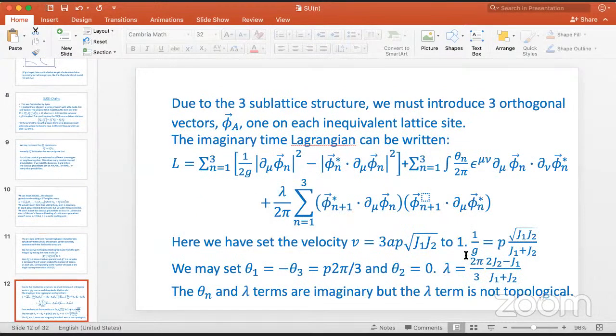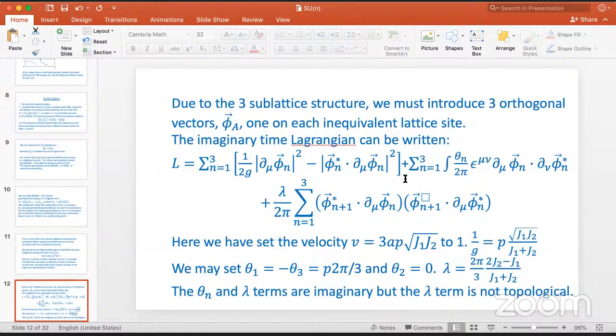Due to the 3 sublattice structure, we can introduce 3 orthogonal vectors phi a, one on each equivalent lattice site. And the imaginary time Lagrangian can be written as follows, which we can extract from the path integral by assuming that we're close to being in the broken symmetry phase. So the Lagrangian actually has 3 orthogonal unit vectors, phi n, where n is 1, 2, or 3.